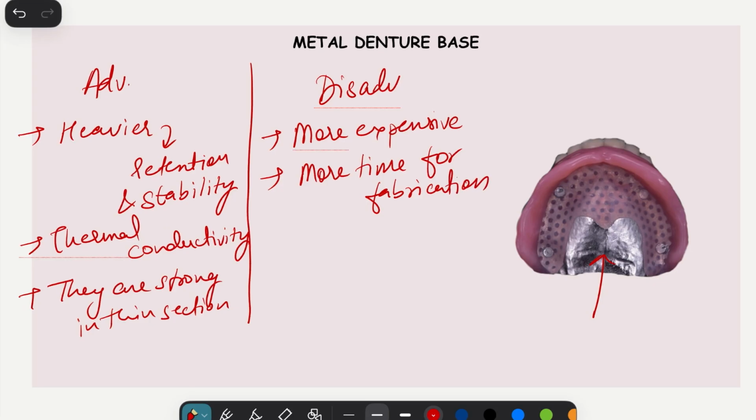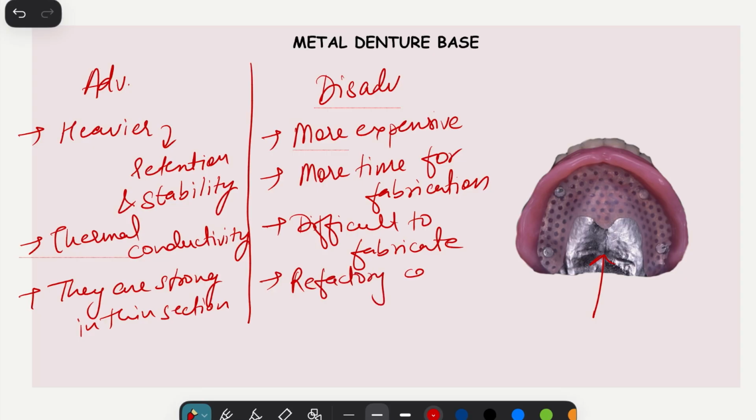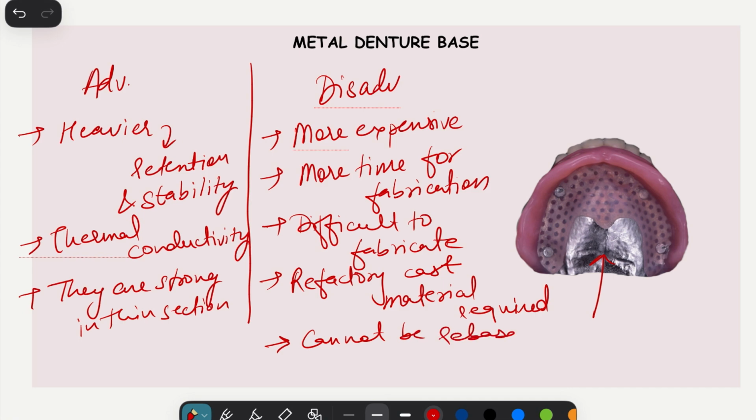Then they are difficult to fabricate, require refractory cast material, and cannot be rebased. So these were the advantages and disadvantages of the metal denture base.